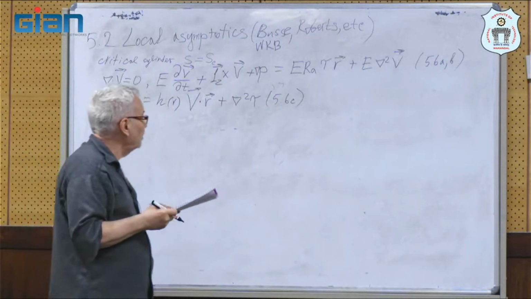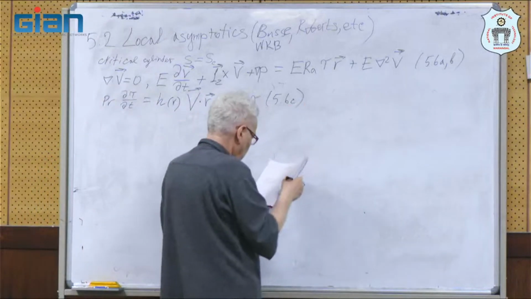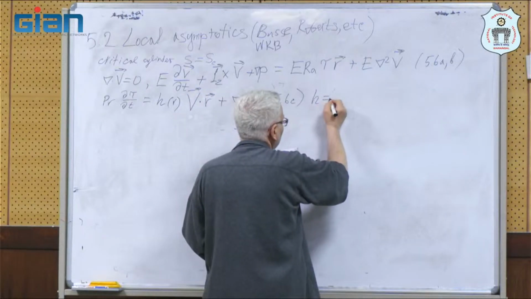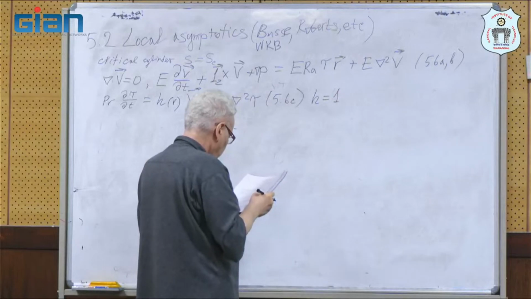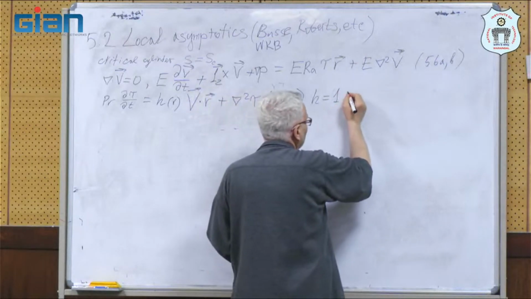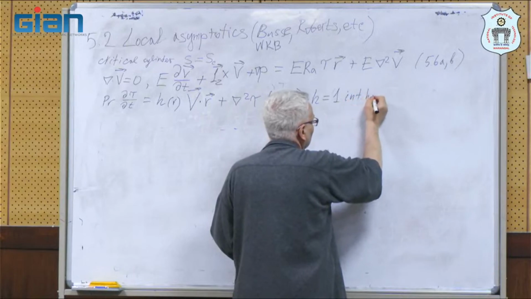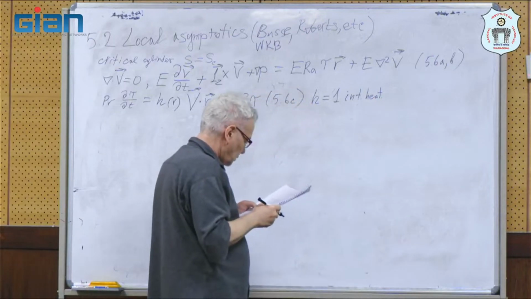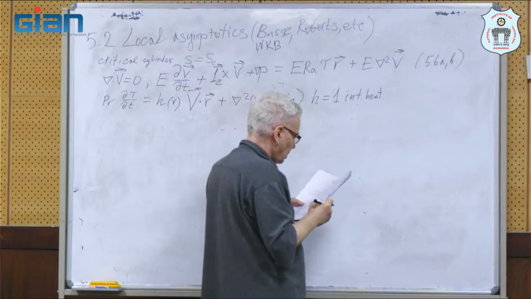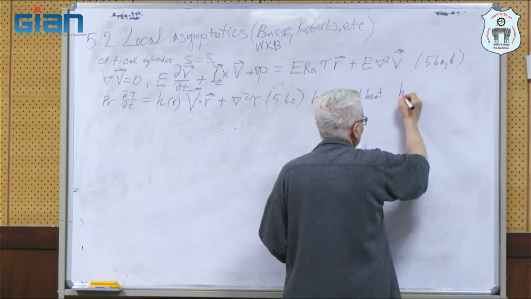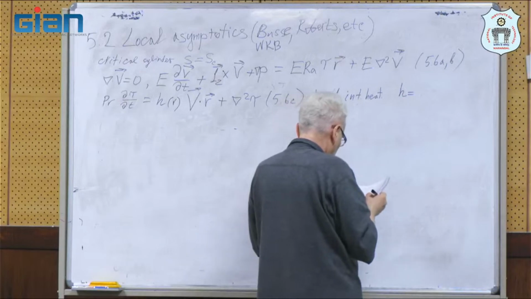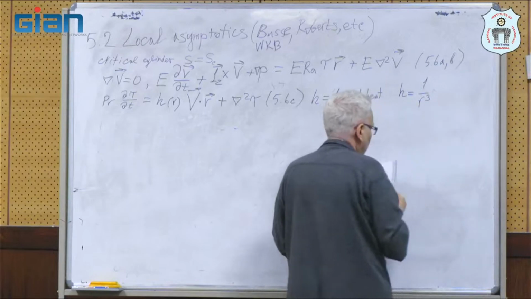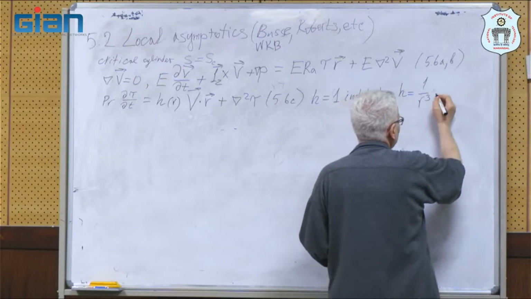Okay, so actually we can specify directly here that if we have internal heating, then this h is just 1. And in the case when this h is equal to one over r cubed, this is the case of differential heating.